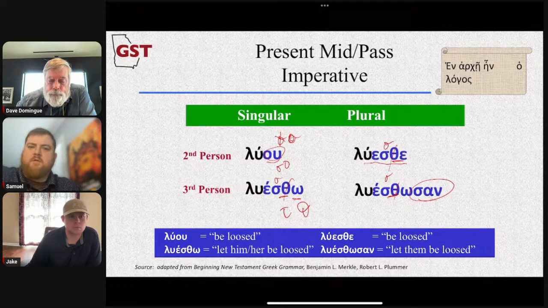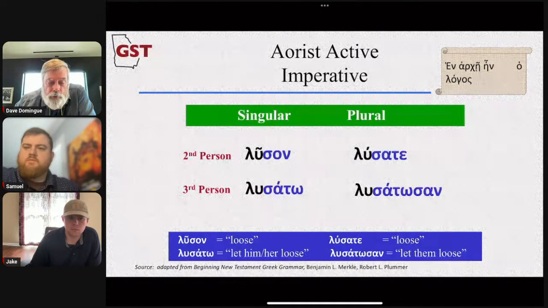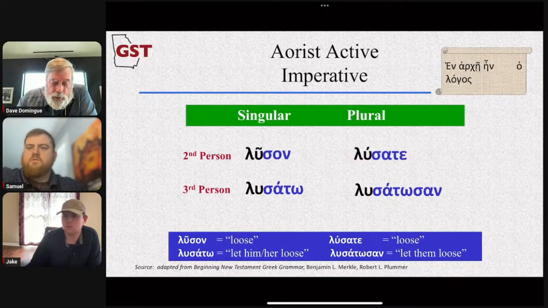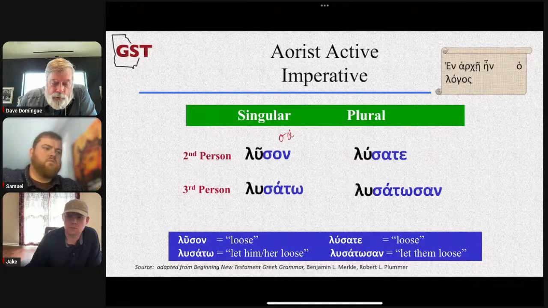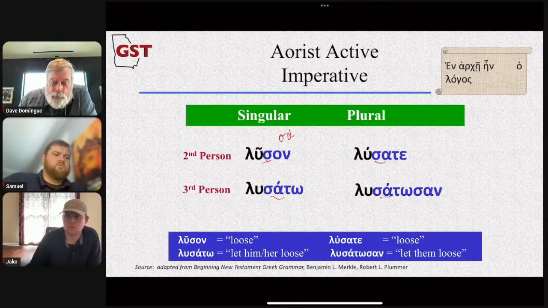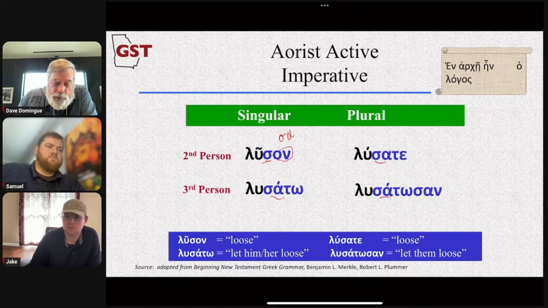Okay. So in the aorist now, it's pretty much the same thing, but we're having our sigma alpha typically included. Sigma alpha, sigma alpha, sigma alpha. Everything else is the same, right? Now, here's where that variation comes in. This is the omicron nu for the second person singular.